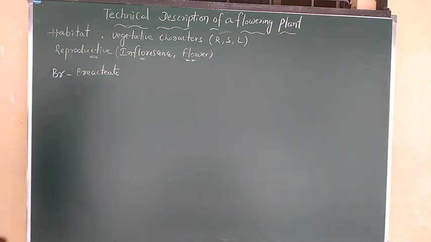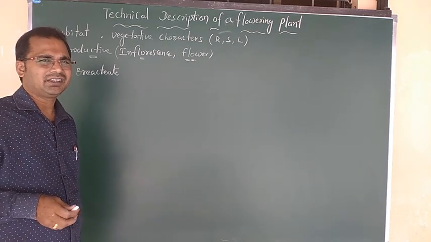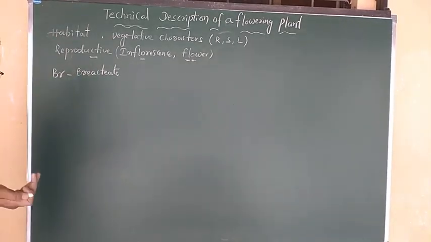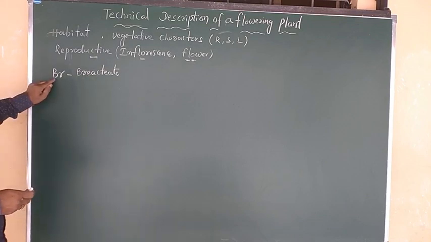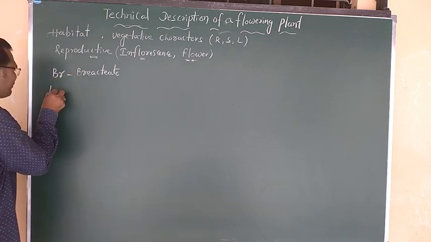BR symbol indicates a bracteate flower. Later we can write a floral formula, based on one flower. For writing that formula we use some alphabet symbols, that is BR. BR indicates bracteate flower. Second one, EBR.